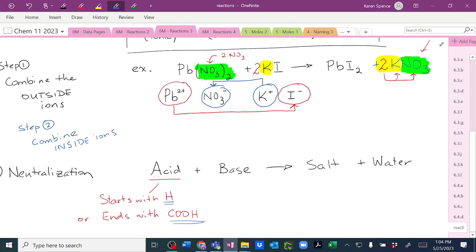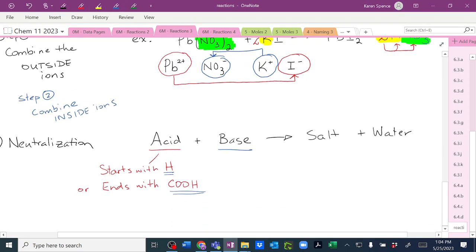How do we know that we have a base? A base ends in OH.